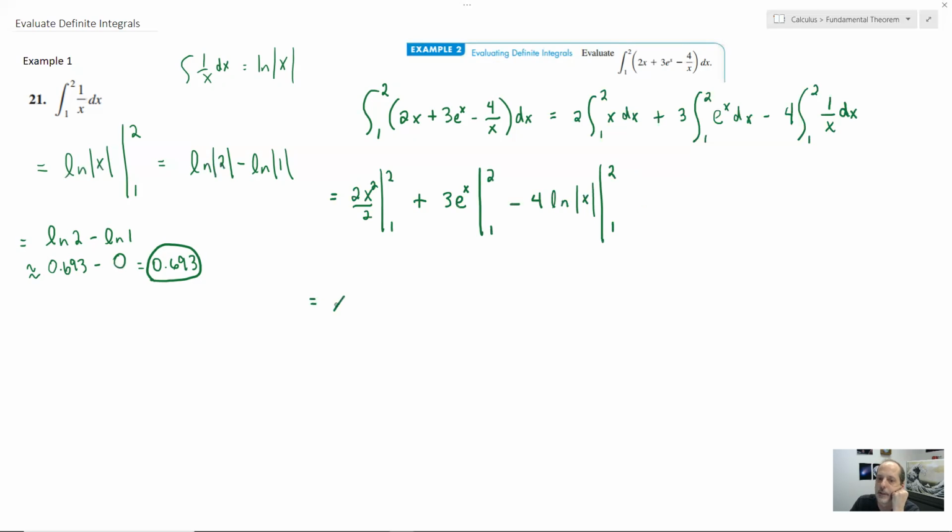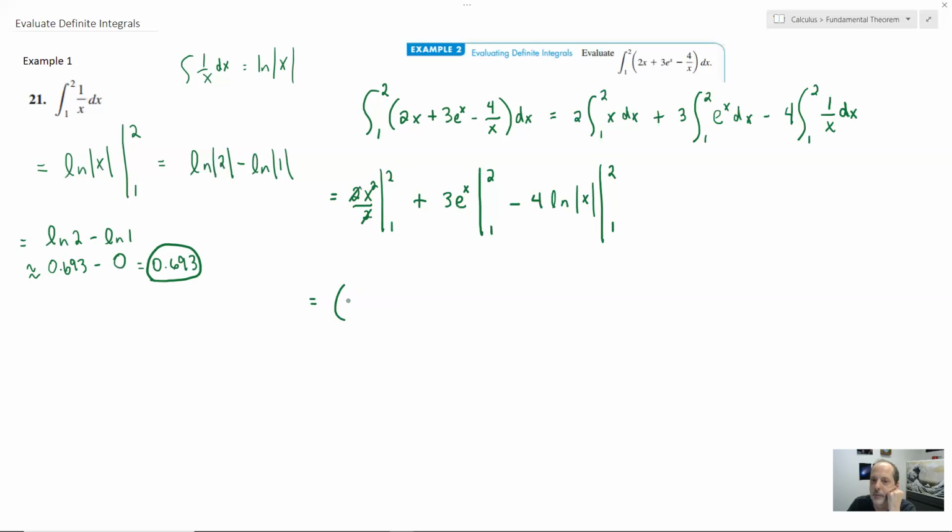Okay, so this part is x squared, running from 1 to 2. I don't want to rewrite so much. Let's just cancel that out.